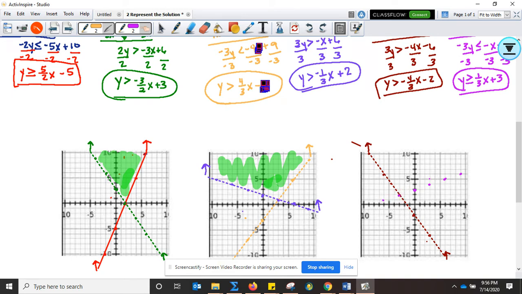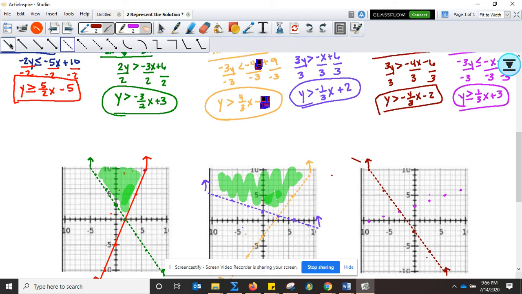Down 1, left 3. All right, and now I'm going to connect my dots. That's going to be a solid line because it's greater than or equal to. And I'm going to make it that pretty purple color. And let's do it.